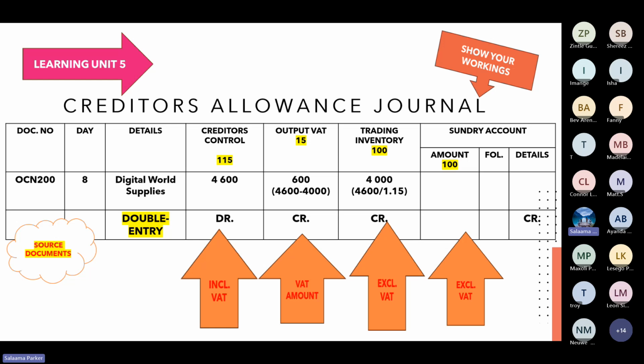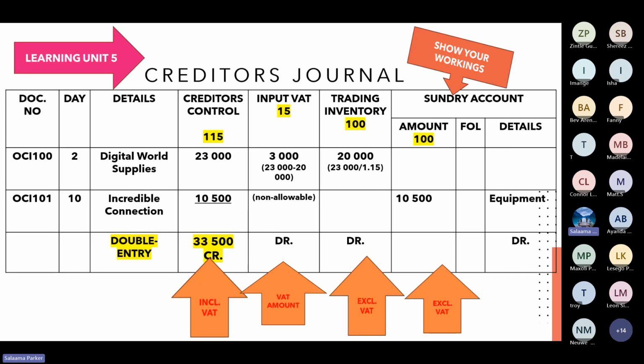Okay, right? So let's just go back to the previous slide here, where we purchased goods on credit. So our creditors control account is increasing. It's a liability, right? So that's a plus. And now we are returning goods.